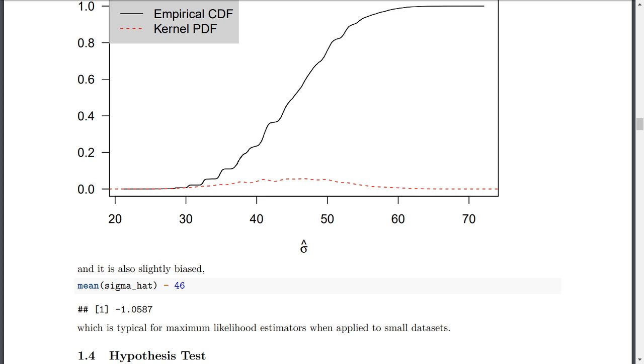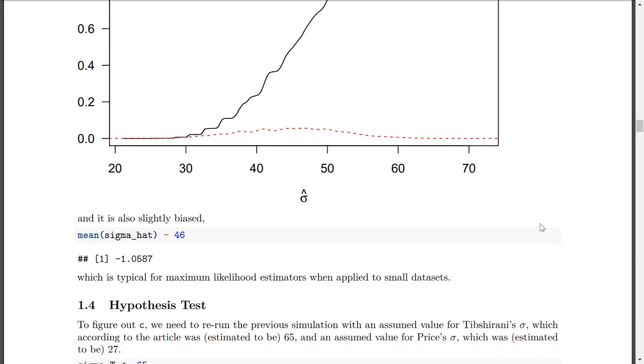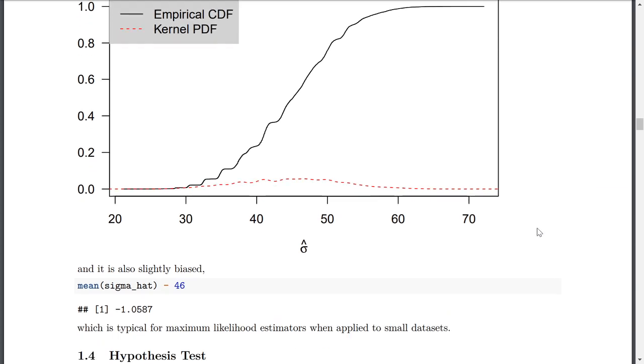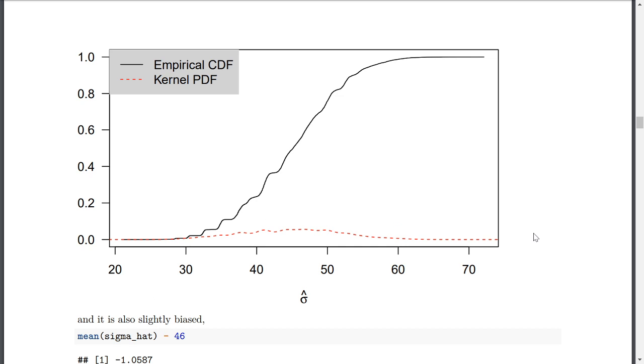The average is about 45, but that's pretty typical for maximum likelihood estimators with finite sample sizes. They didn't really go into that much in the short paper, but it's not a great sampling distribution with the limited information that the scores provide.